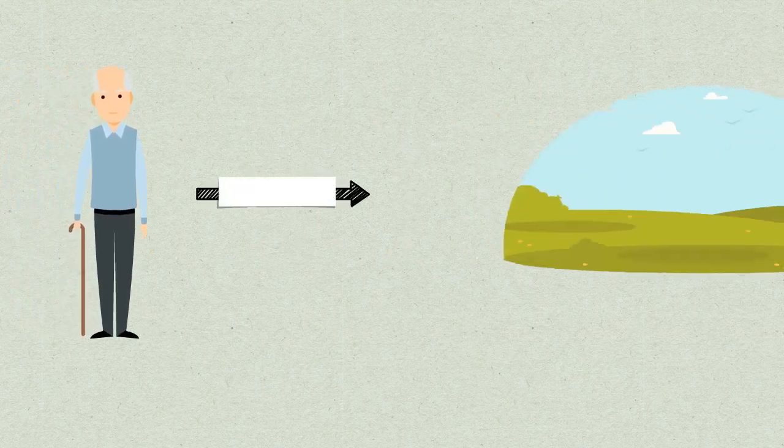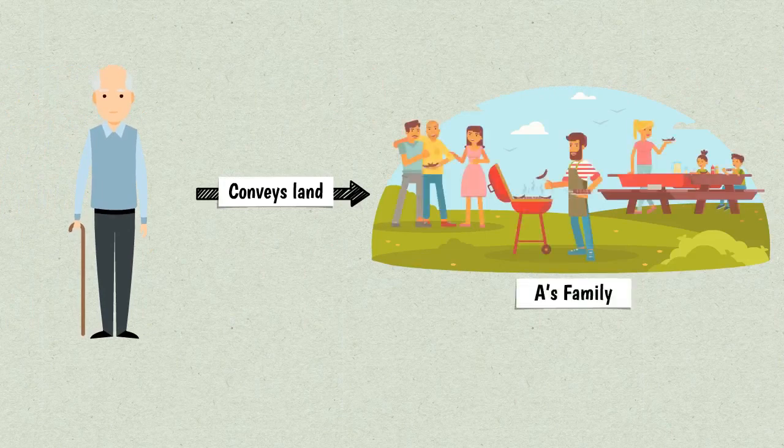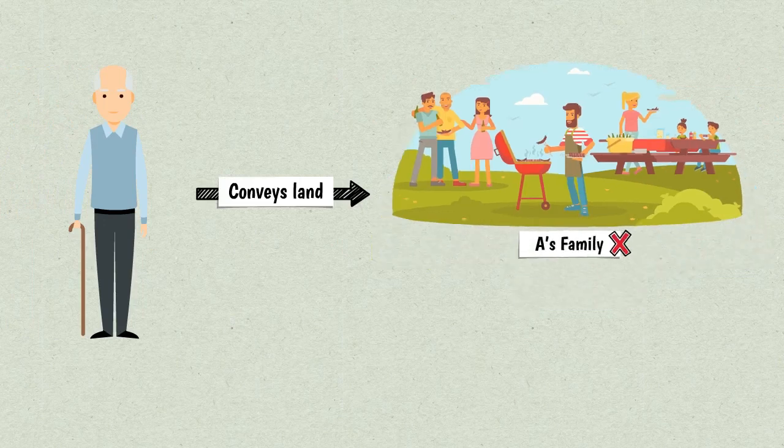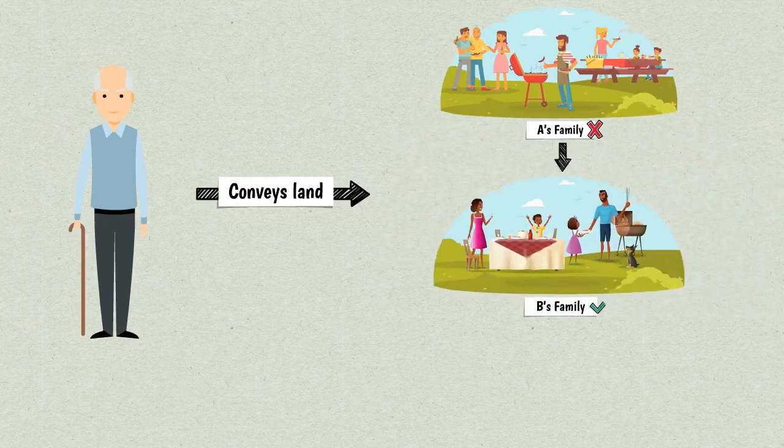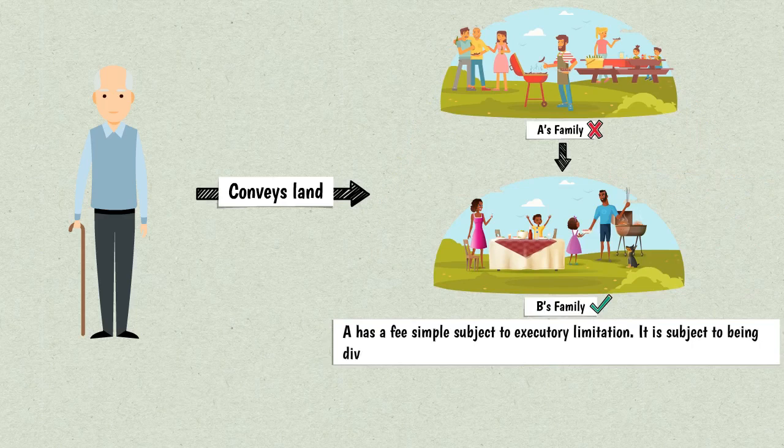For example, suppose O conveys land, "to A and her heirs, but if A ever drinks alcohol on the land, then to B and her heirs." A has a fee simple subject to executory limitation. It is subject to being divested by B's executory interest if A ever drinks alcohol on the conveyed land.